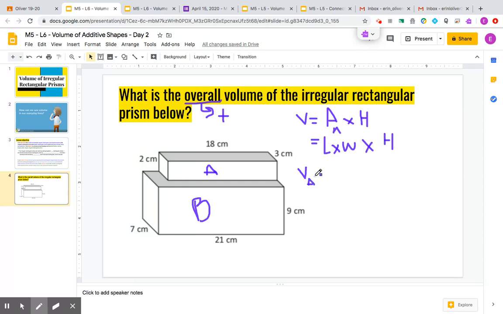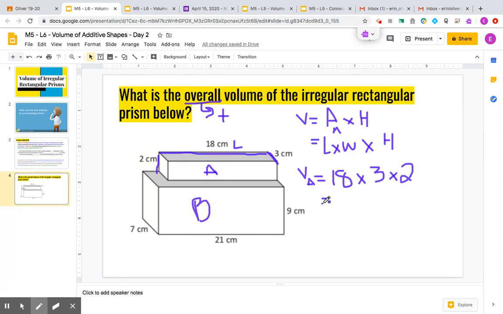The volume of rectangle A, our length is 18, this front side. Our width, it's hard to see, is 3 right here. And our height is 2.